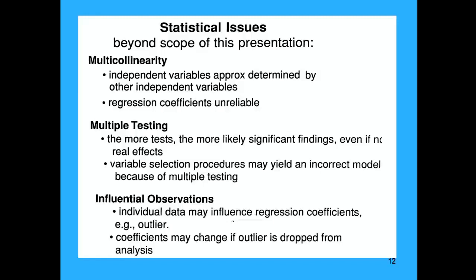Whether that person is influential in the result or not, they may still not be influential. So outliers and influential observations are different things. Now, you don't really want outliers either, but influential observations are the ones that most people worry about. But you do have to worry about both.